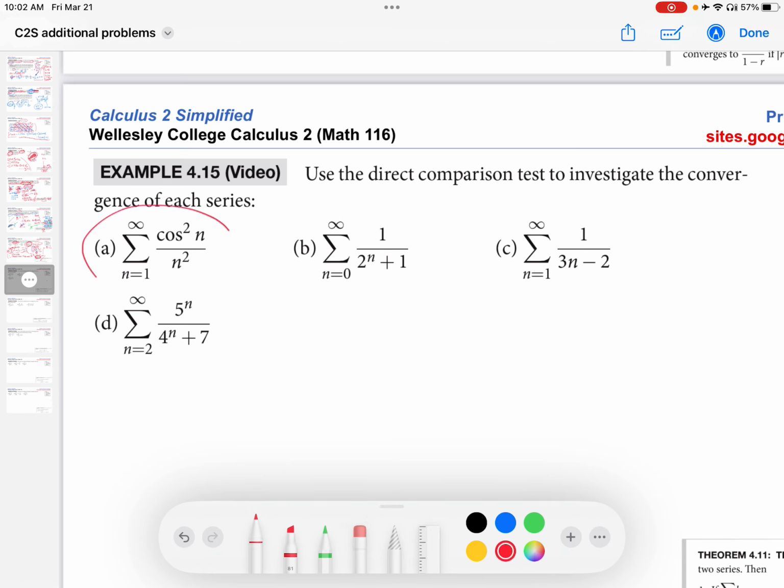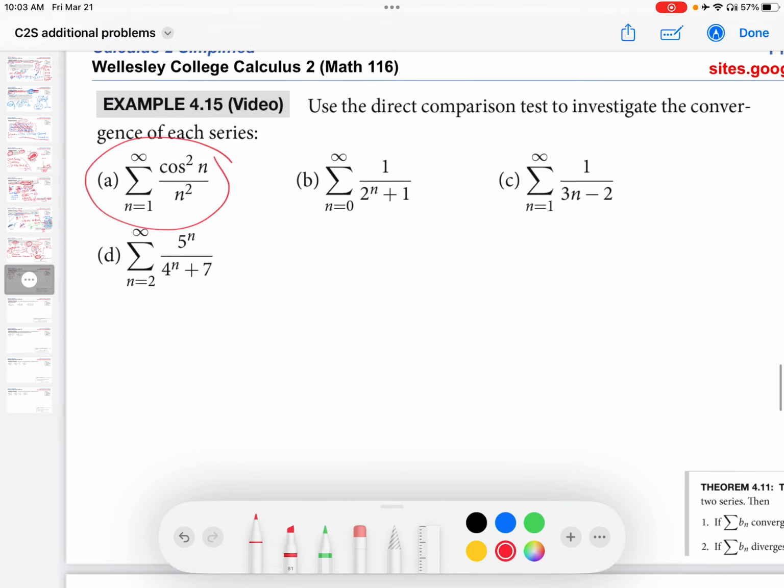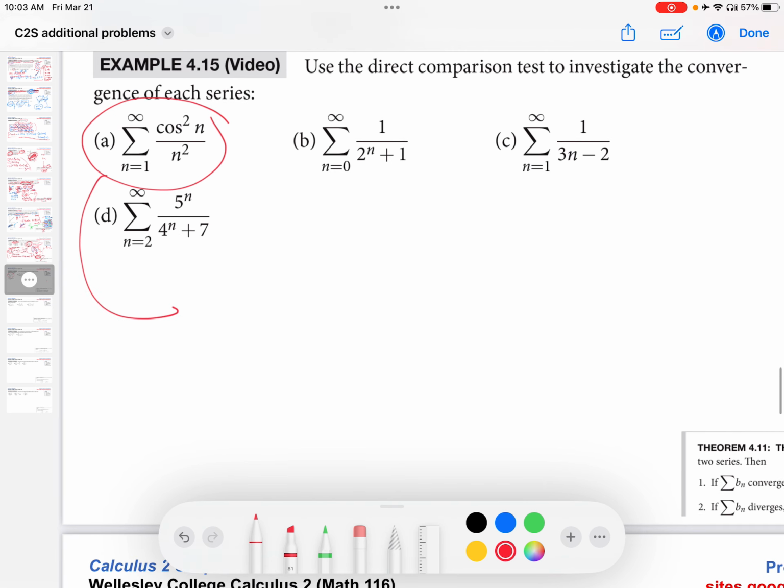In the first example, we're going to use information about the values of cosine of n. As with all series, you want to get a certain sense of whether it converges or diverges from the series itself. We know that cosine squared n is at its largest 1, because cosine of x, remember the graph, oscillates between -1 and 1.